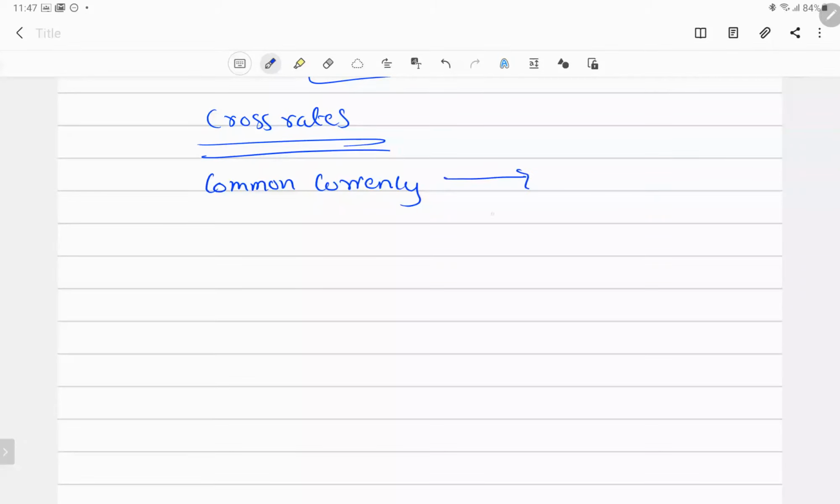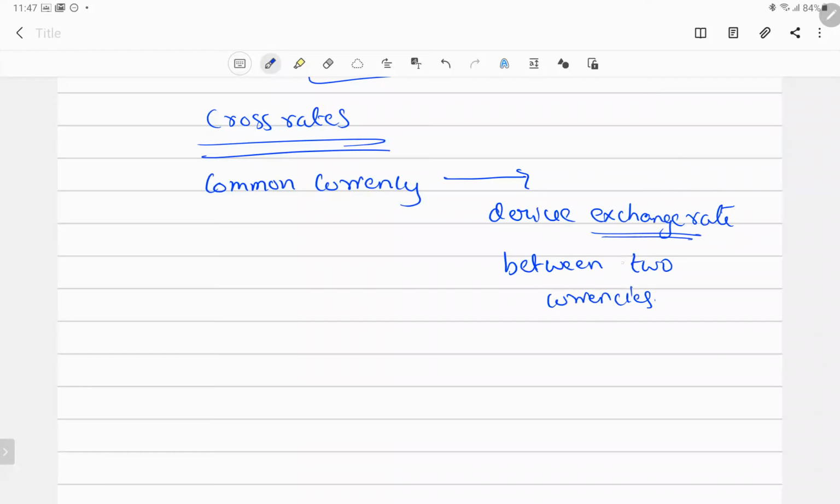From that common currency, we have to derive the exchange rate between two currencies.